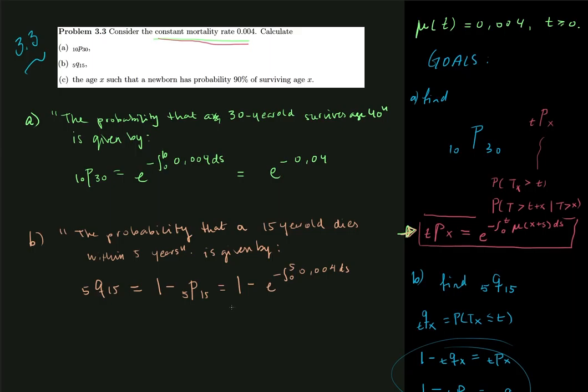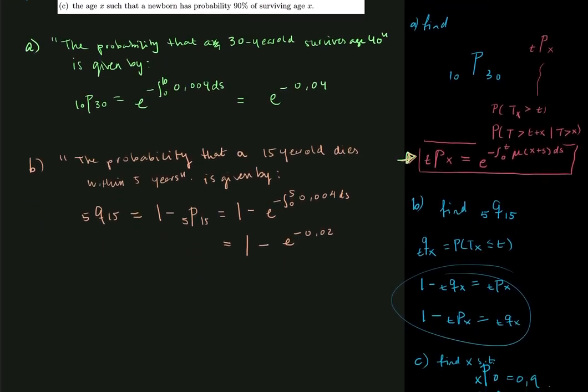It's not a very pedagogical example, but we'll make do. So here this is equal to 1 minus e to the minus 0.02. And you can, once again, figure out this numerical value for yourself.